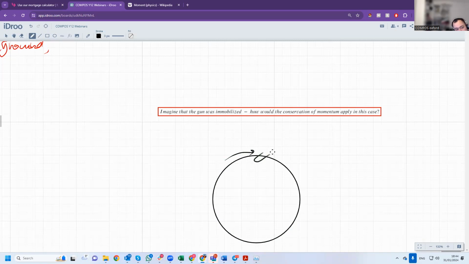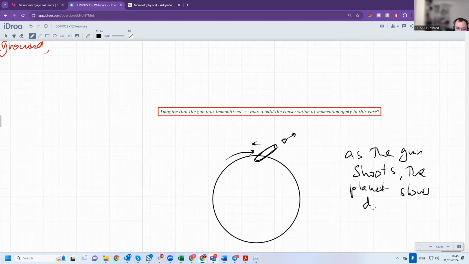If you have a gun here and you shoot the gun, as a result of your shot, because there's a recoil on the gun, the Earth slows down ever so slightly as the gun shoots. The planet slows down.